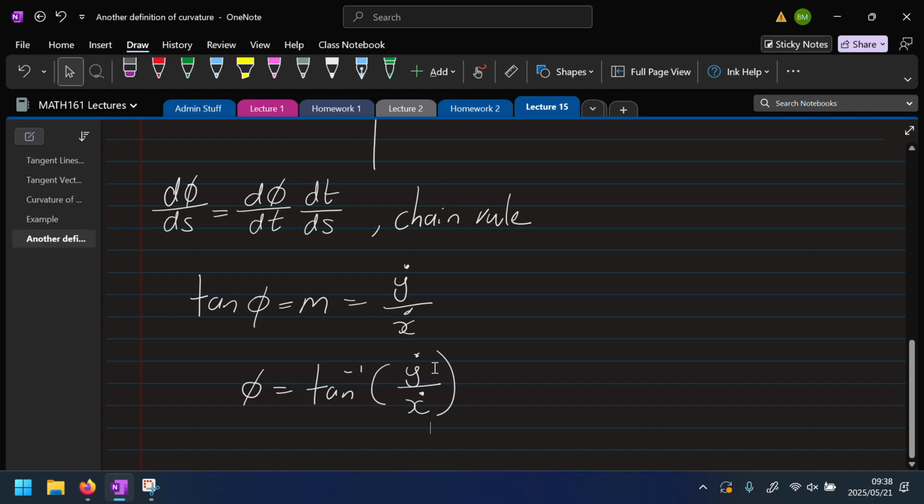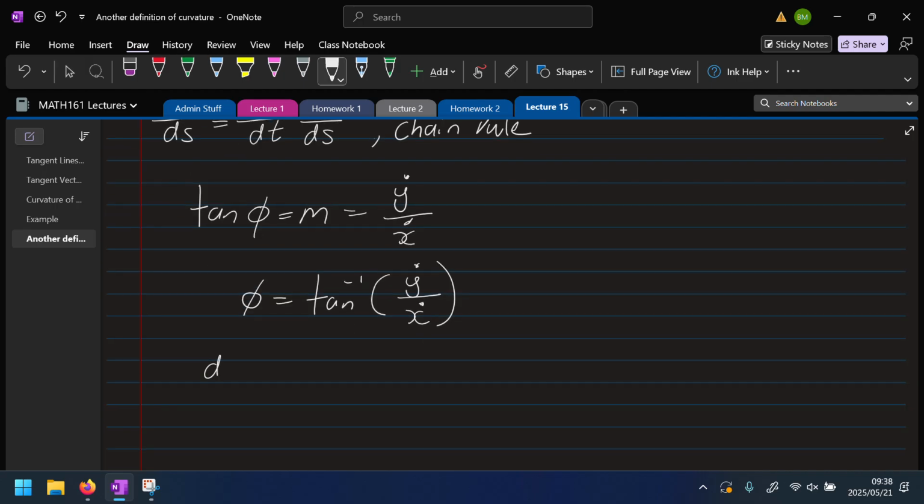Now we want this first bit, d phi by dt. There's no t's on this side, but we know y dot depends on t, because it's y of t, and x dot also depends on t, because it's x of t. So we're going to do d by dt on both sides, and then deal with the chain rule and product rule and so on that side. So d phi by dt is going to be d by dt of tan inverse of y dot over x dot.